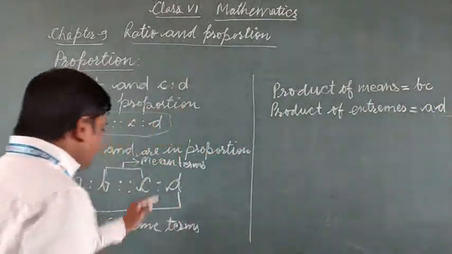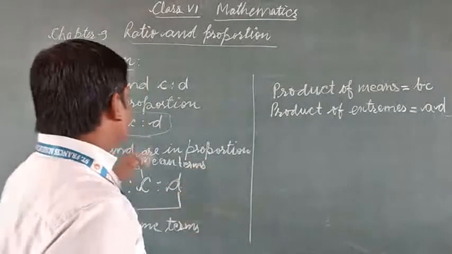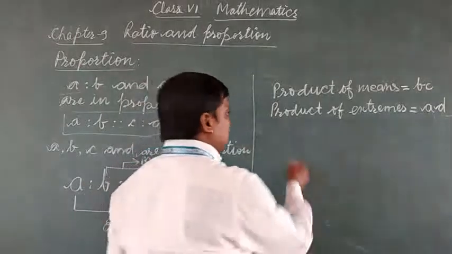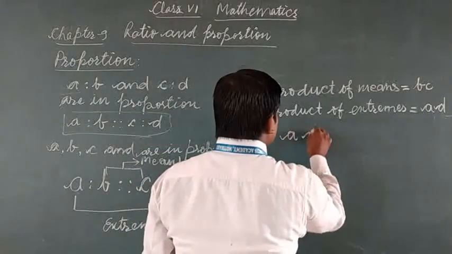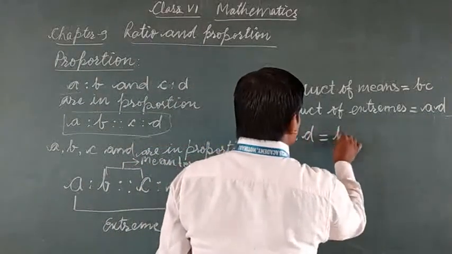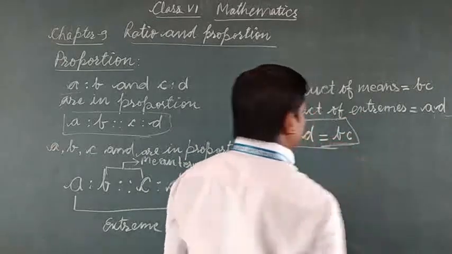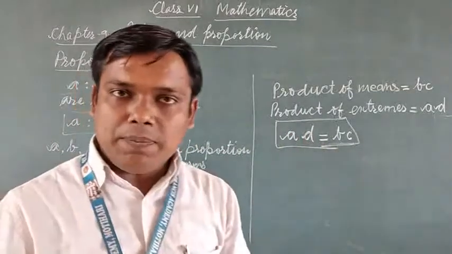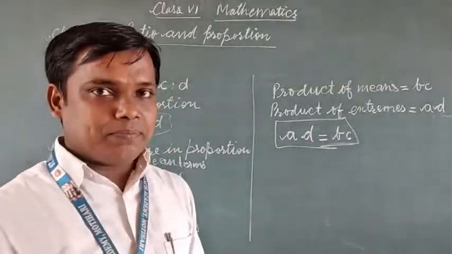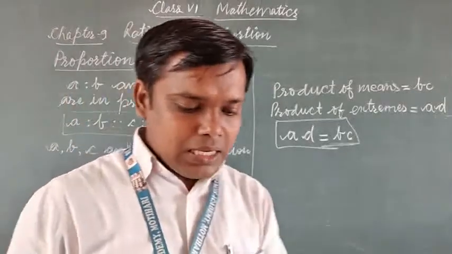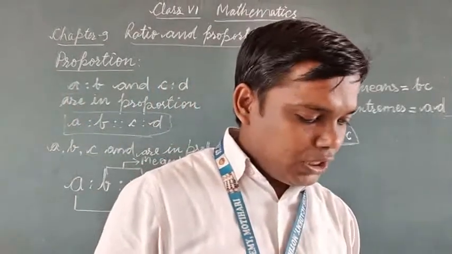Now, if these two ratios, A is to B and C is to D, are in proportion, then AD is equal to BC. Product of extremes is equal to product of means, or product of means is equal to product of extremes. In this way, we can say that the two ratios given are in proportion.